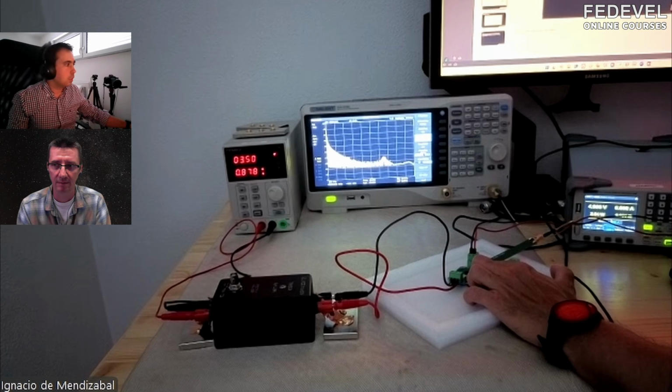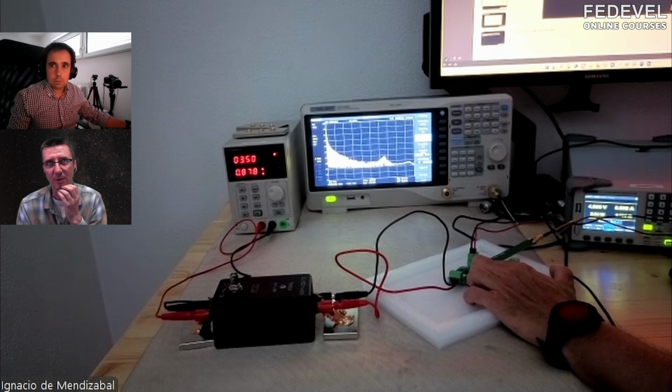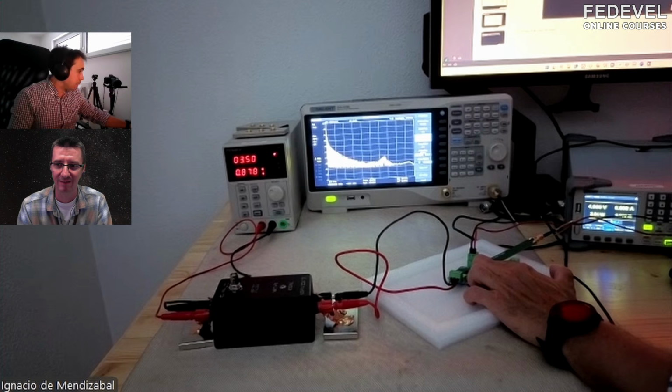Just the first frequency is the biggest one, the tallest one. You can have harmonics going several mega, and it doesn't have to be monotonic, because if there is some kind of resonance, then it can vary. Yeah, and that's my feeling, that's what we are seeing there.